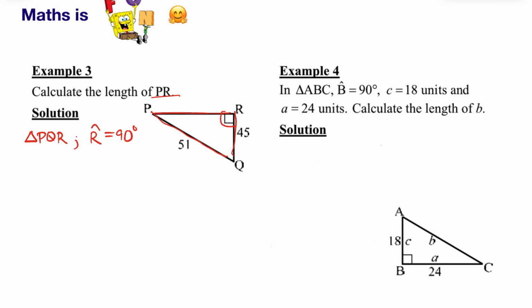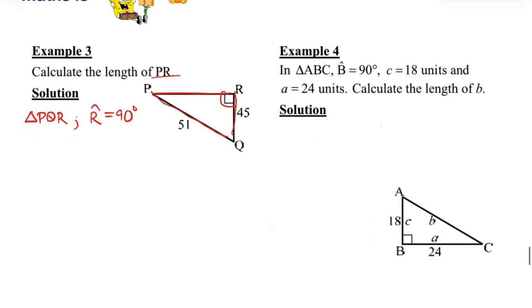So we are given the hypotenuse, which is the longest side, and the other side. So what we're going to do there, we write the formula as usual. We'll say the square of the longest side, which is PQ square, is equal to the sum of the squares of the other two sides, which are PR square and QR square. And then we substitute what we have.